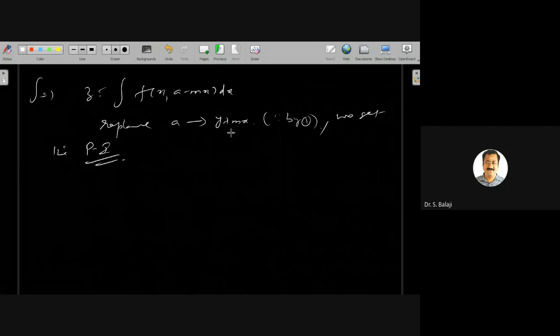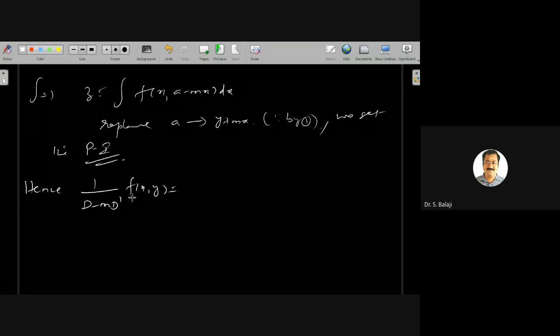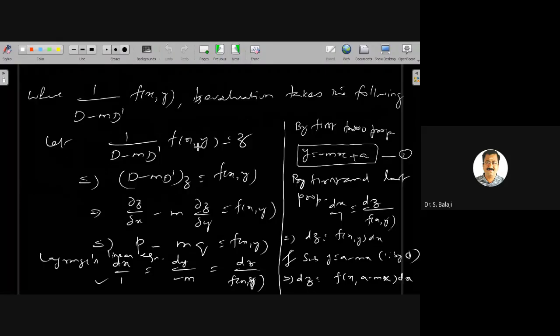So what will be the shortcut procedure we can follow here? Hence 1 by D minus mD dash. Suppose your factor is in the form D minus mD dash of f of x comma y. How can you evaluate this? If you want to find z, this is taken as z.